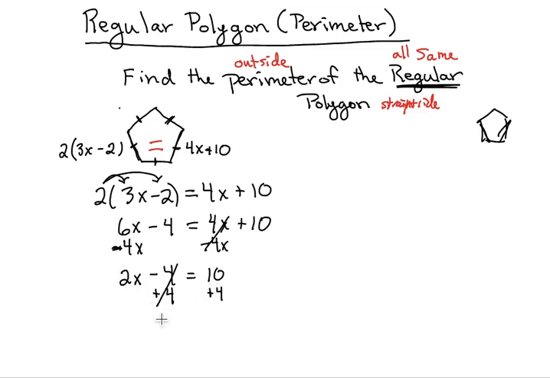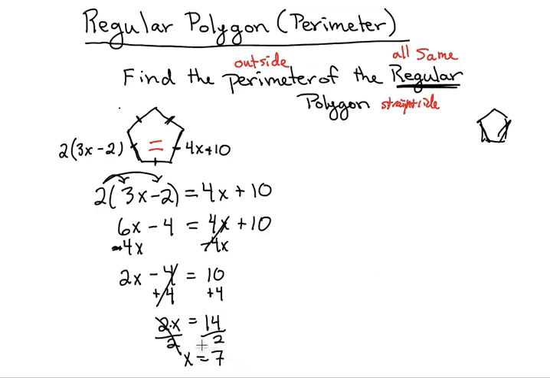Bring down my 2x on the left side, bring down my equals. Notice my equals go straight down. Bring down the 10 plus 4 is 14. Now to cancel out that 2, which is multiplying, we divide by 2 on both sides. So those cancel out. So x equals 7.